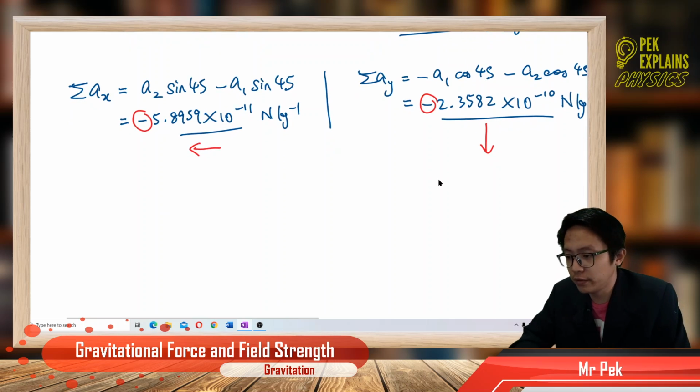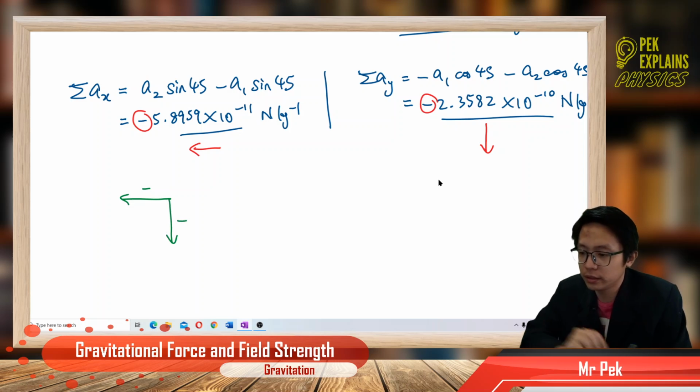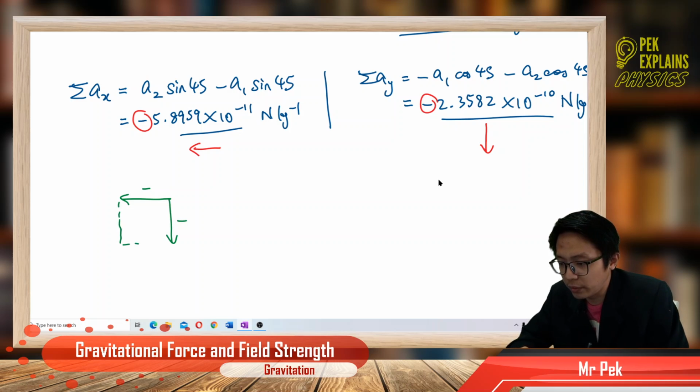So let's find the resultant. We have Ax negative, and we have also Ay negative going downward. So our resultant is in this direction.